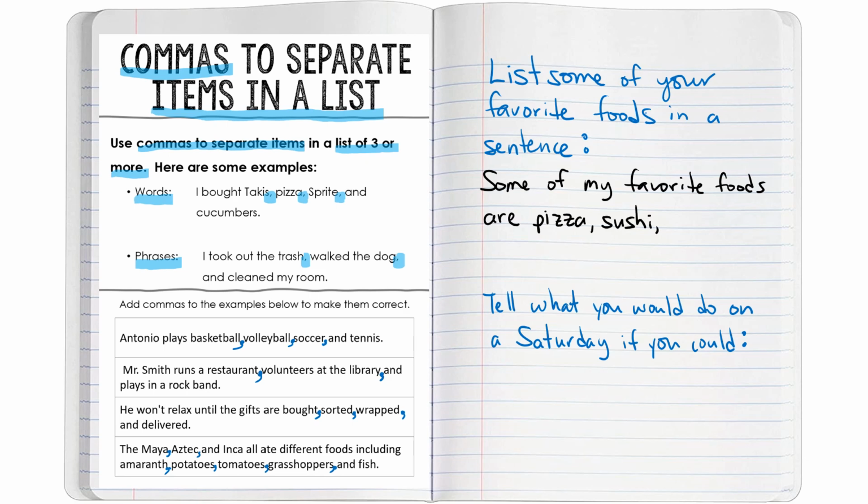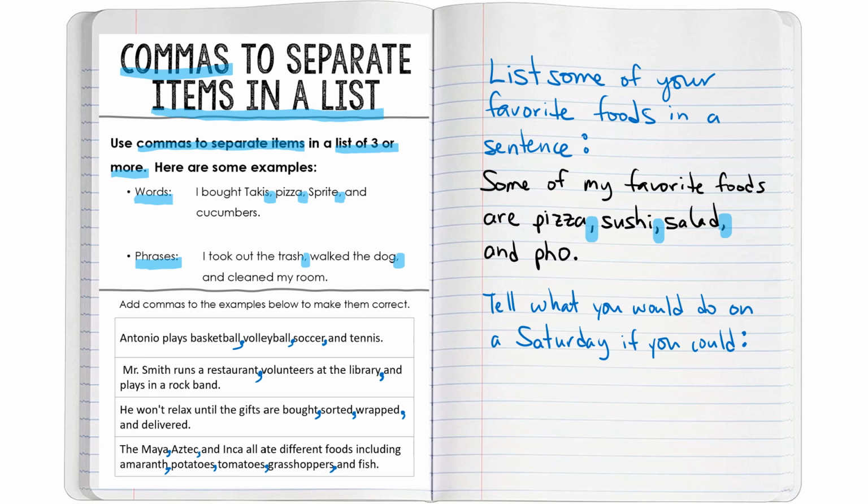Let's see, what else do I like? Ooh, I like salad, and pho. And then go back and make sure you used your commas. You can even use your blue crayon to highlight them. I listed all of my favorite foods, and I put commas to separate them.